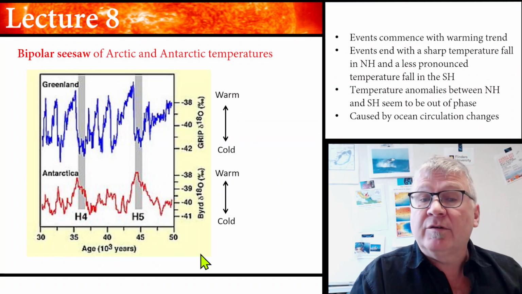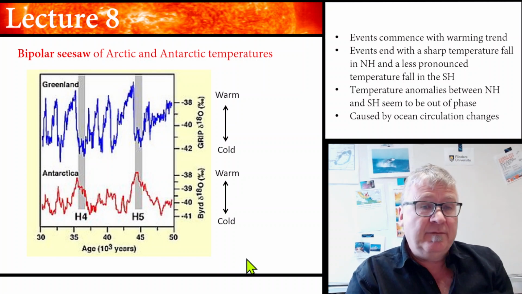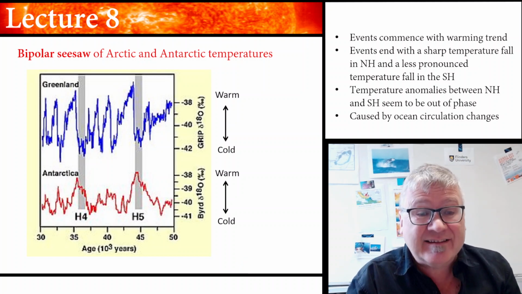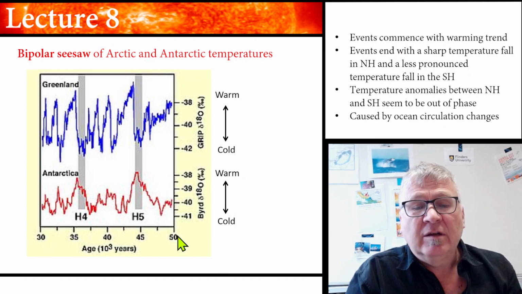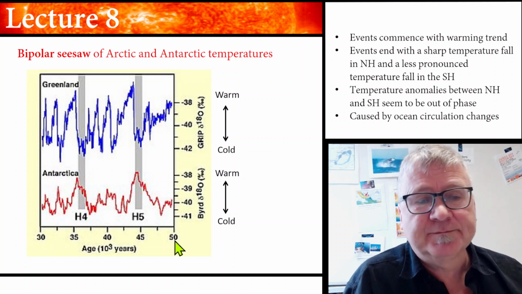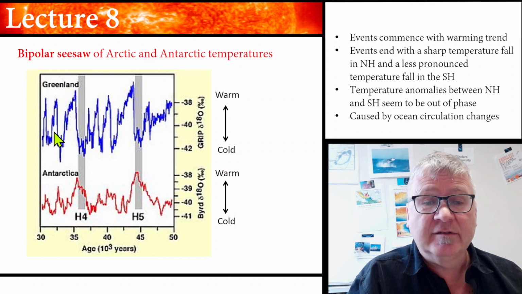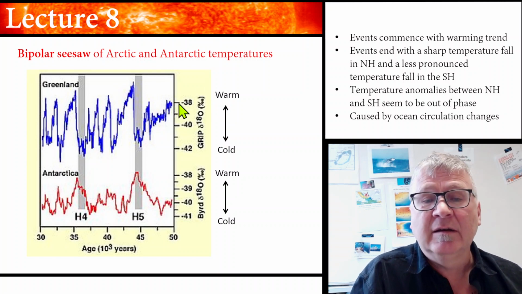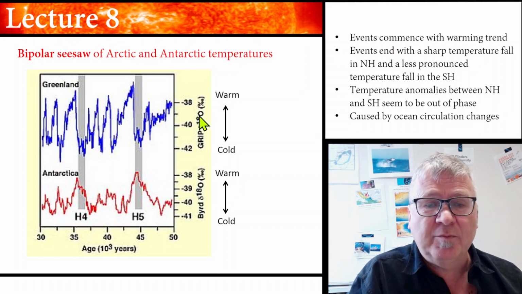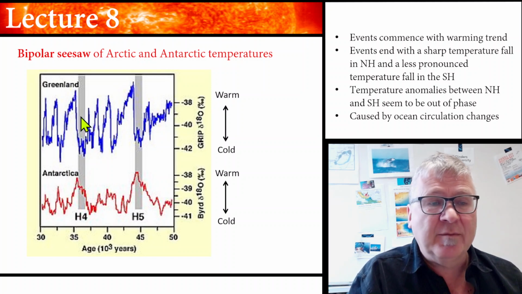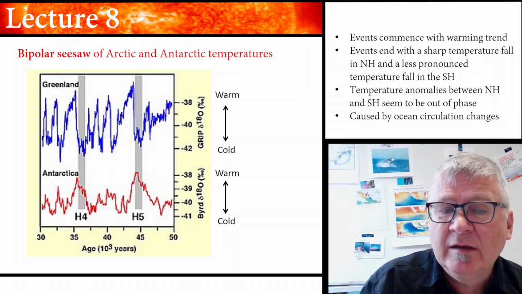It shows you a reconstruction of temperatures, essentially, for Greenland and Antarctica from 30 to 50,000 years ago. You can see changes. These are actually data for the delta 18 oxygen isotope, two different types. But anyway, let's just see what happens here, and that is really interesting.